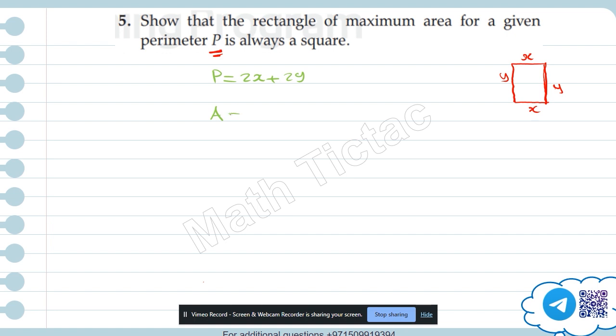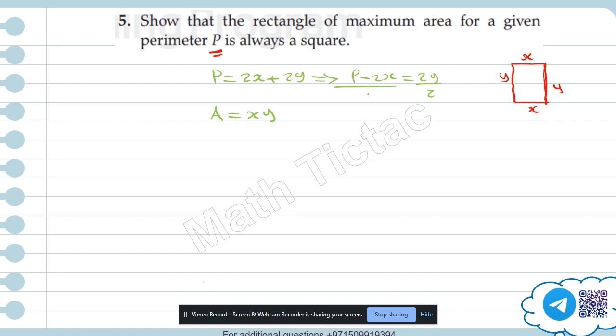Also we have A, which is equal to x times y. Since they said the maximum area, we need to find the maximum for A, which means I will use this relation for substituting. You can choose y or x for substituting. So I can say that P minus 2x is equal to 2y.